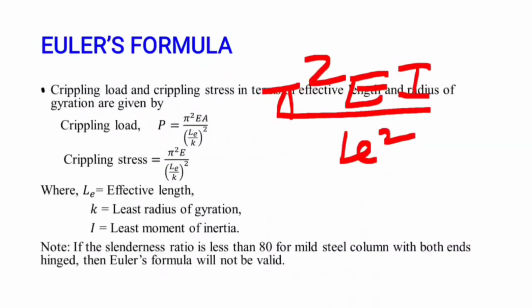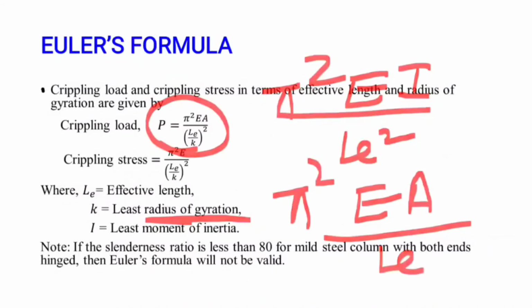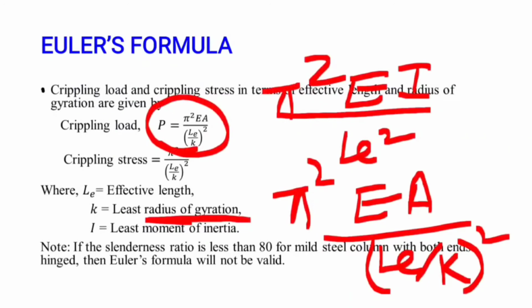But I change the crippling load in terms of radius of gyration. Then the formula will be pi square EA by (LE by K) whole square. This is the formula for crippling load.